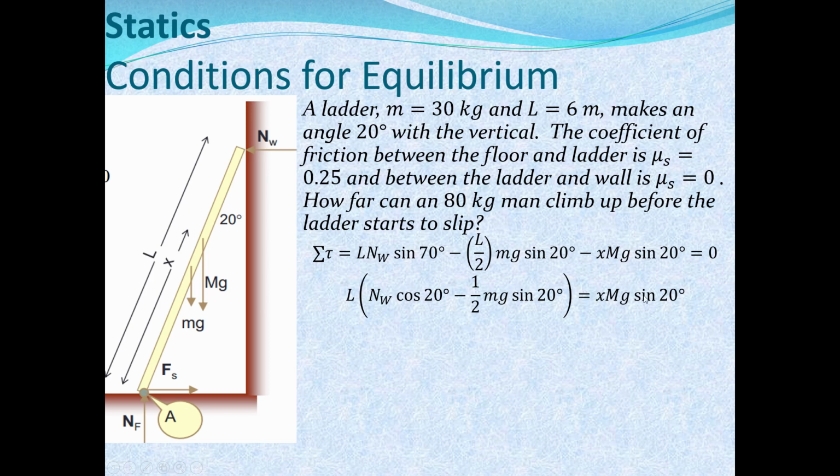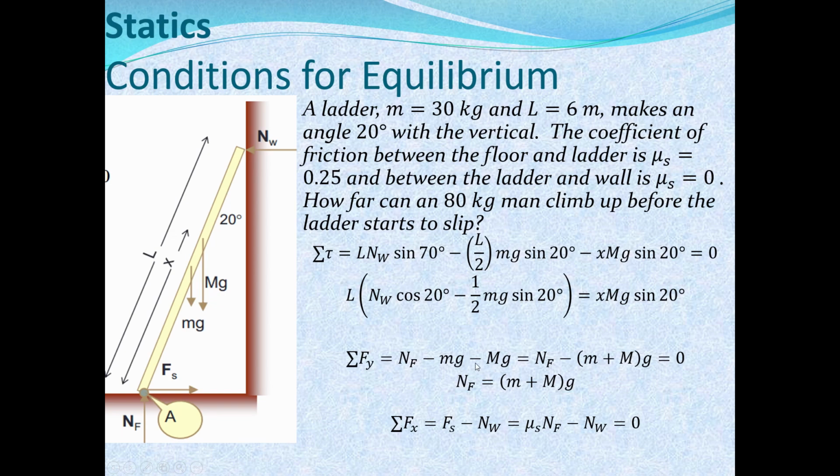I leave this equation for now, I table it, and I'm going to go back to my other equations and use some of the forces, because maybe that first condition is going to help me. So if I look at the vertical forces, I have two knowns and one unknown. Okay, that's good. So I have that the force from the floor is going to be equal to the combined weight of the man and the ladder. Now over here, I know that there's a relationship between the normal force and the frictional force.